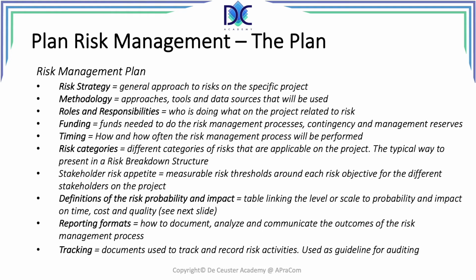We look at the stakeholder risk appetite. So we have to see how much risk a stakeholder wants to take. So we have to look at the risk levels that are acceptable for our projects. We also look at the risk probability and impacts, we have to define how these elements link together. What are the indications for probability? How do we evaluate that?